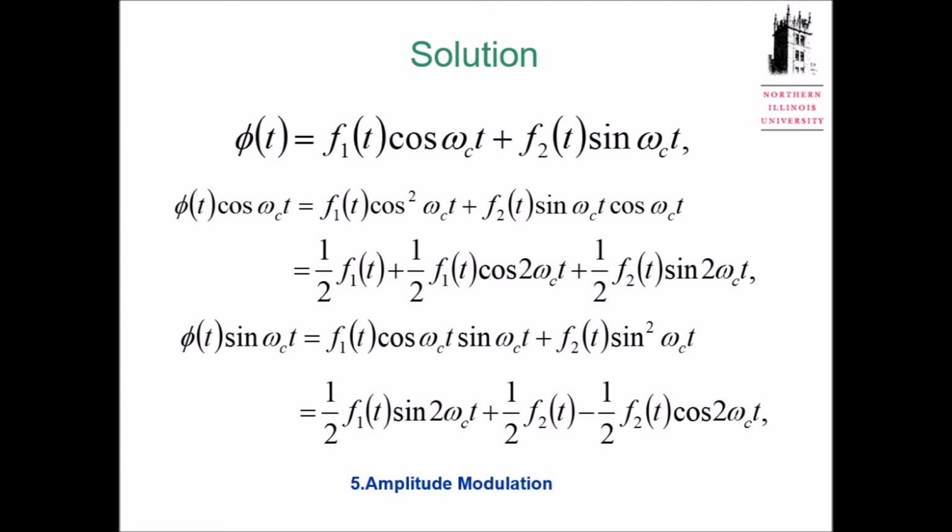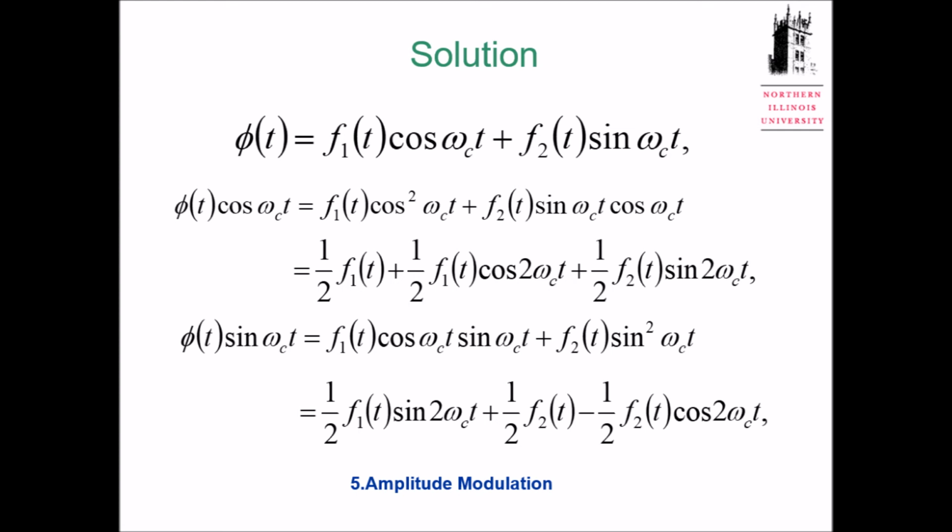We did this many times previously. Cosine squared gives half plus half cosine 2 omega c t. And sine times cosine, if you check the table, gives sine 2 omega c t. So this is pass number 1.